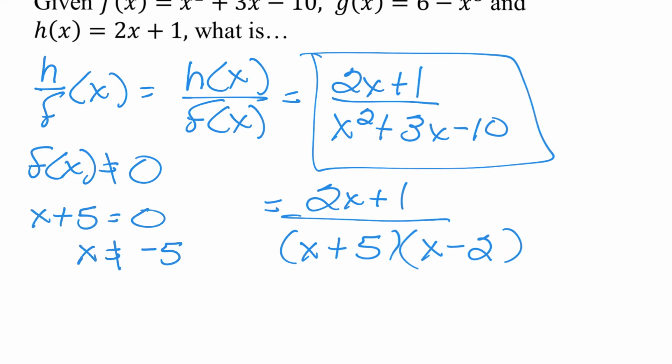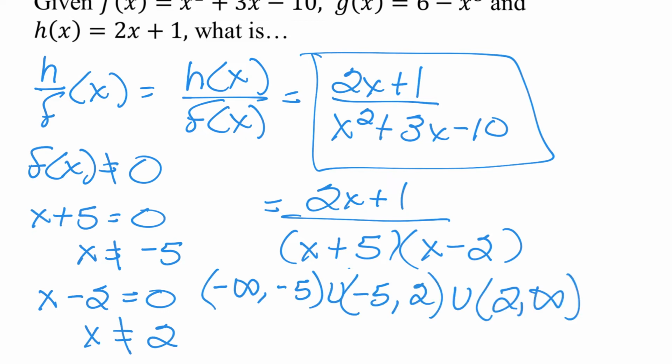So x cannot equal -5, and x cannot equal 2. So the domain is going to be -infinity to -5, union -5 to 2, union 2 to infinity.